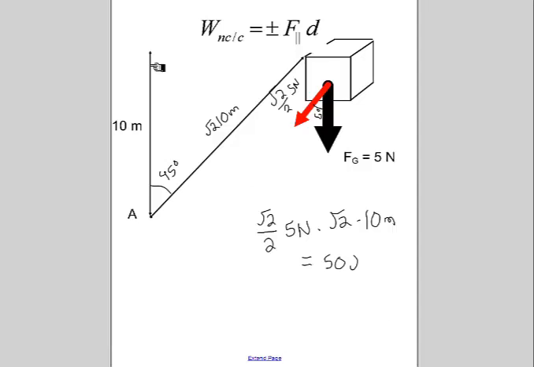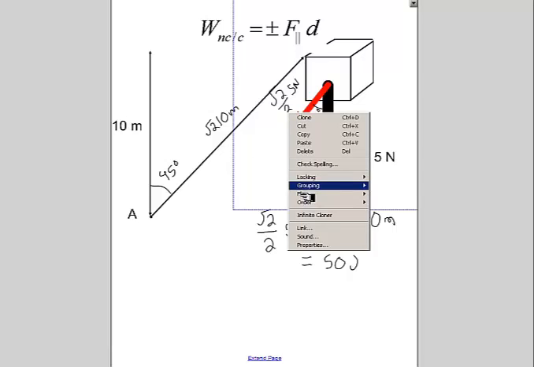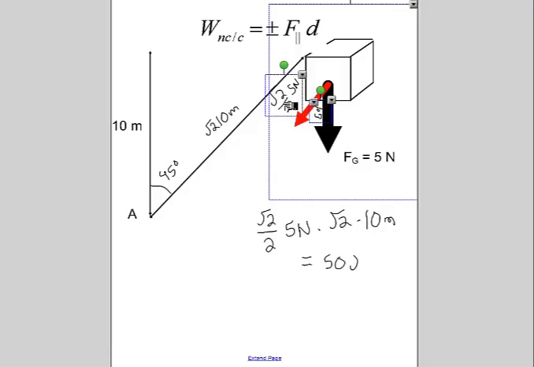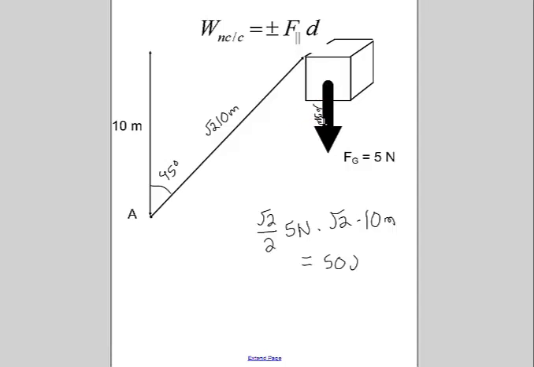Now, let's think about going across. So, let me ungroup that. Now I can think about moving the box across following this path here.